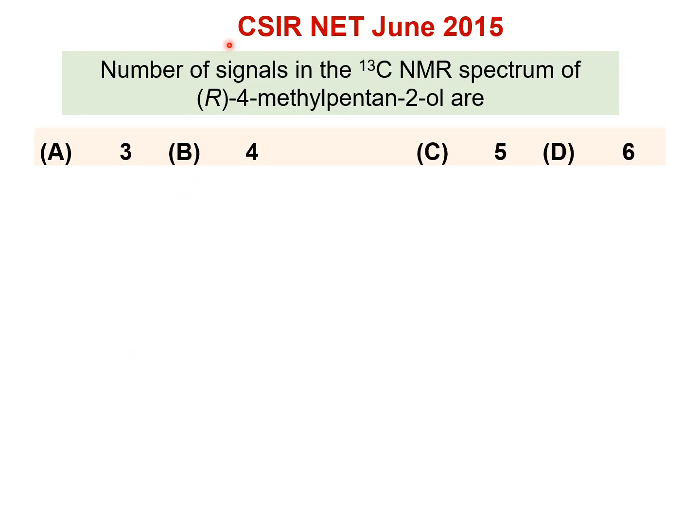Consider the example that appeared in the CSIR examination June 2015. The number of signals in the C13 NMR spectrum of 4-methylpentan-2-ol are... 4 options were given. As absolute configuration is mentioned, the given molecule is chiral. So let us draw the structure of the molecule.